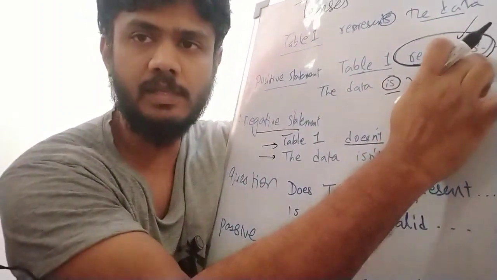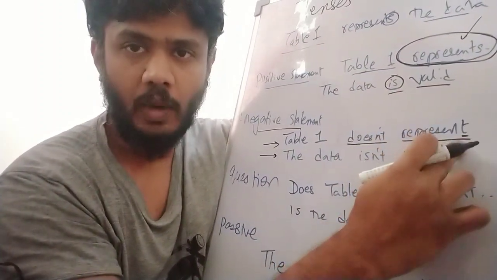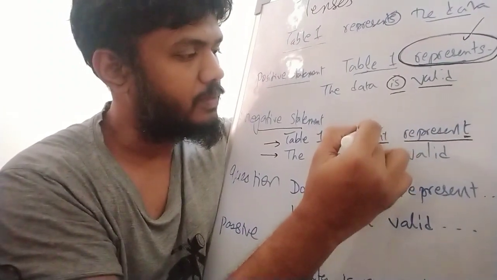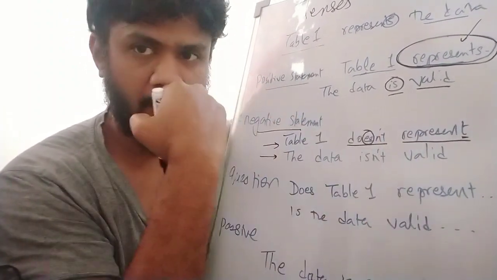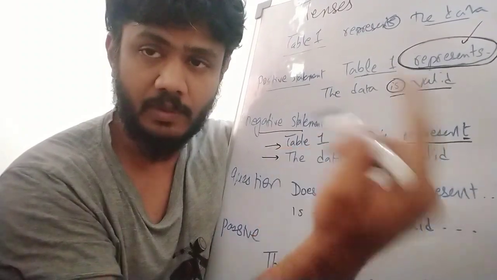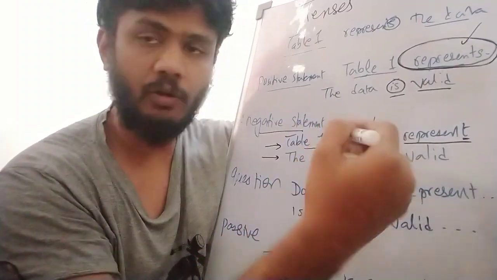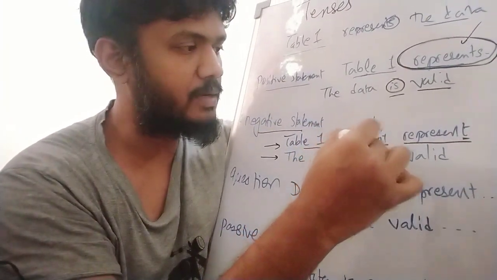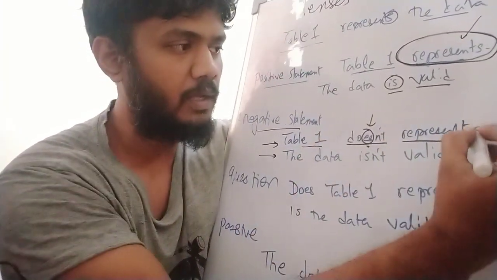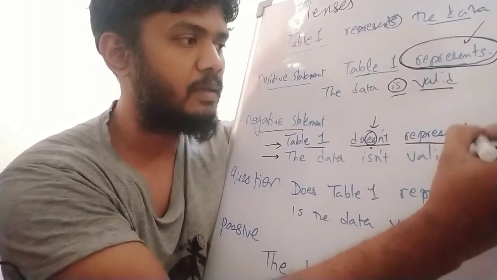Here it's represents, but here it's represent. Why is that? Because here the do has already become does. We have to add this, otherwise it's not right. And because table 1 is singular, the s or es that we add has already been added here, so you don't need to add it here. If you say doesn't represents, that's wrong.